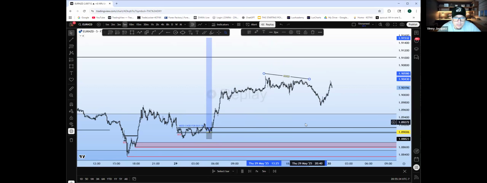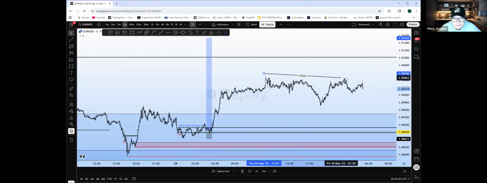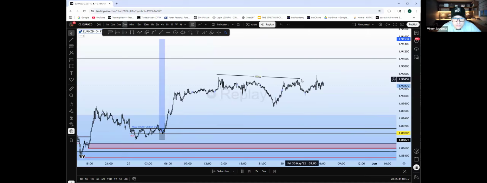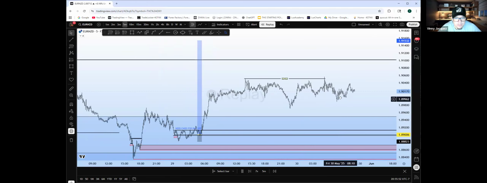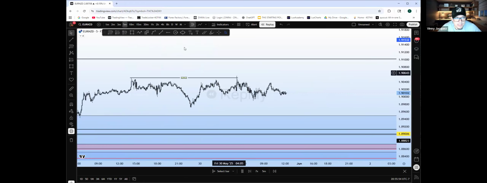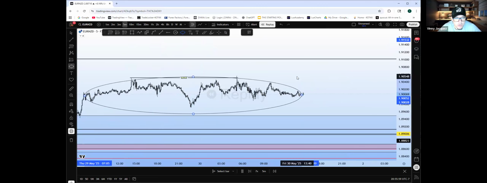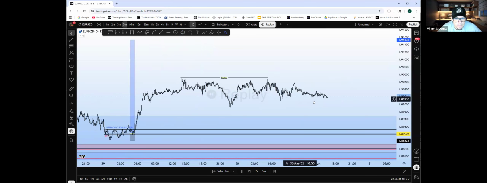Oh, liquidity was just swept. Let's take a look and see what happens. As of right now, guys, this is just building liquidity. This isn't going anywhere. It's just building liquidity, right?